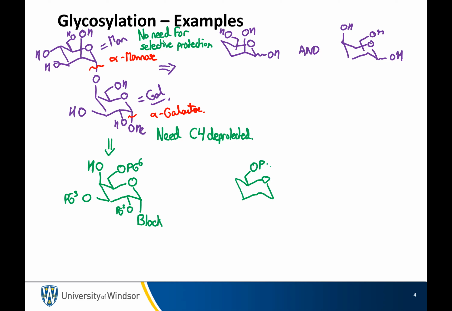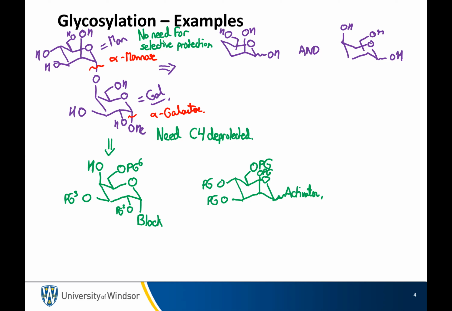We can have these as all the same protecting group. There is no reason that these need to be different protecting groups. And we need an activator here. Could be beta, could be alpha, it doesn't really matter actually. It depends on our strategy and how we go about making these bonds.